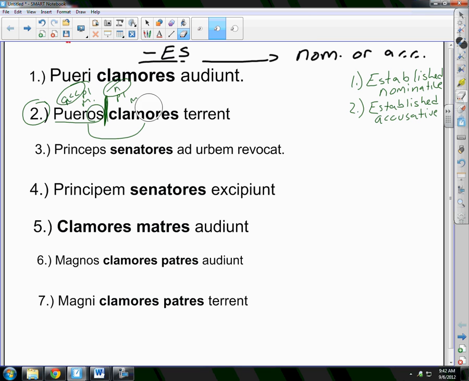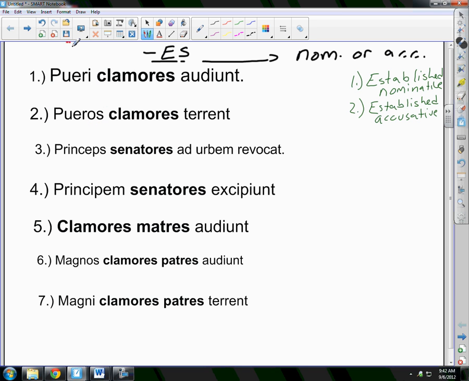Let's look at sentence number three. As I look at sentence number three, I'm going to begin with the first one. Princeps. Coach, I'm not really sure what princeps is. That's fine, we'll look that word up when we're done. I get to senatores, I see my -es. I have to decide whether I have a nominative or accusative again.